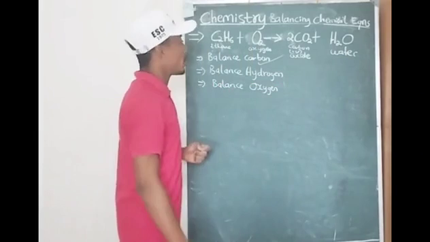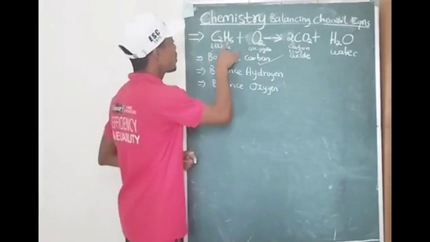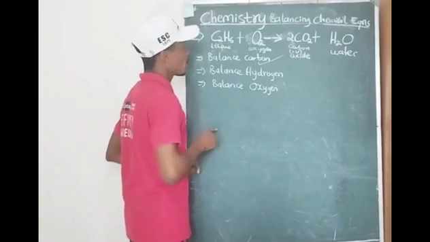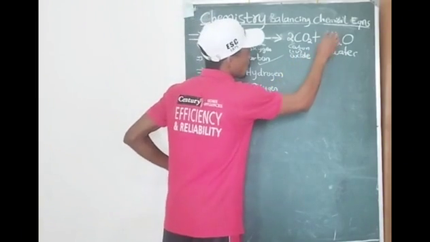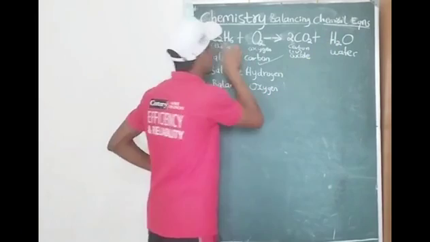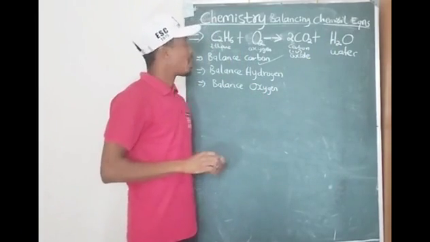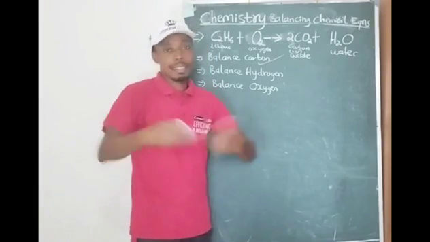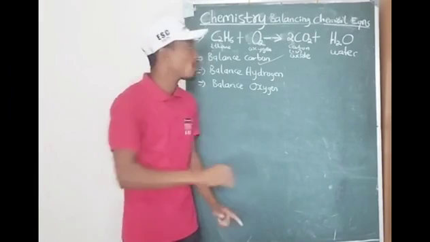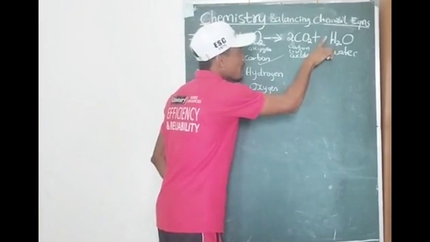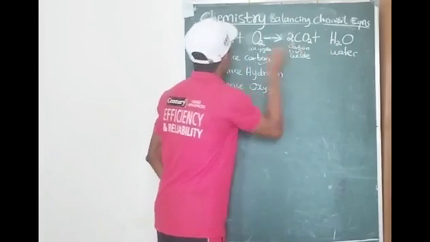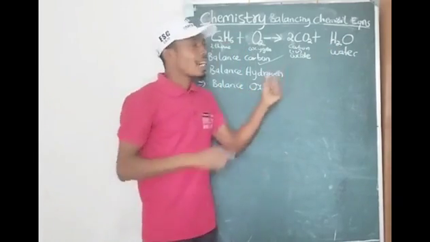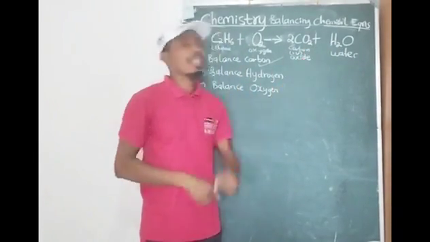So hydrogen is 6. What am I going to put here that will make hydrogen balanced? Please look at this. Of course, we can simply say 3. That's very correct because 3 times 2 will give me 6. But I don't want to directly put 3 there.